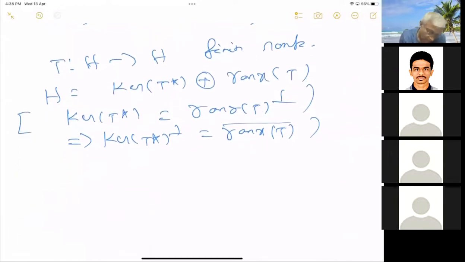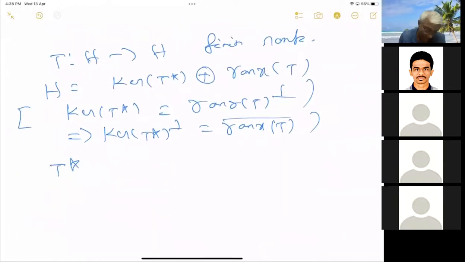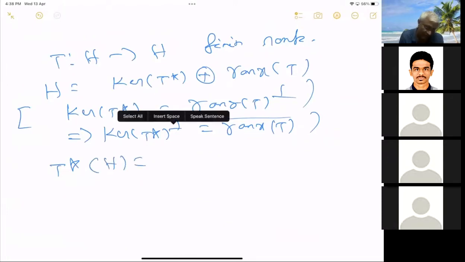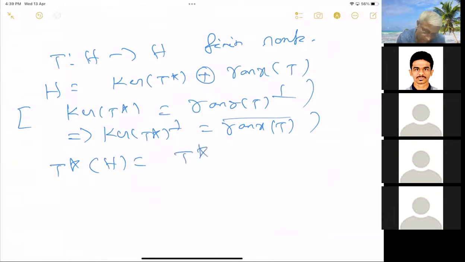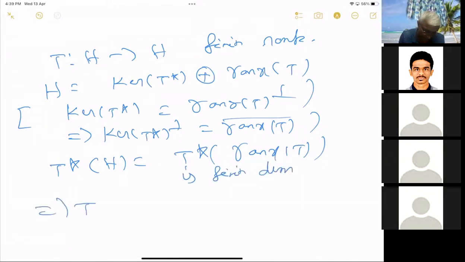Now, T star acting on H: on kernel of T star it is 0, of course, that's the definition of kernel. So this is equal to T star acting on range of T. But range of T is finite dimensional. So T star acting on a finite dimensional subspace is finite dimensional. This implies T star is also finite rank.